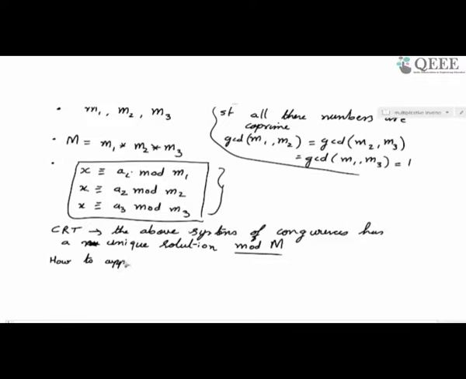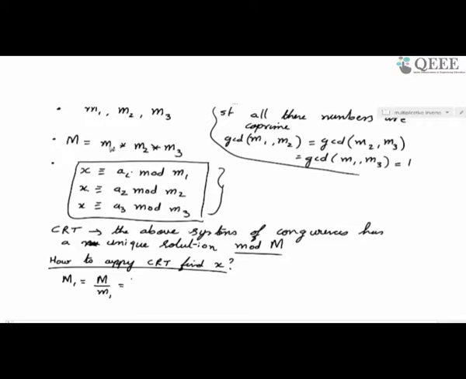Okay, and let us see how to go about finding the solution for x, that is, how to apply CRT to find x. The first thing is that we are going to define these terms: capital M1 equal to capital M divided by small m1. That will be m1 into m2 into m3 divided by small m1.